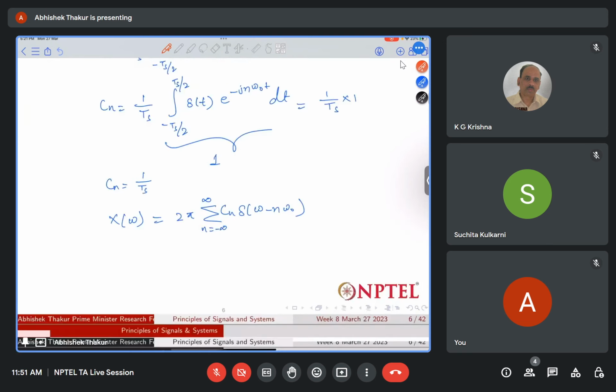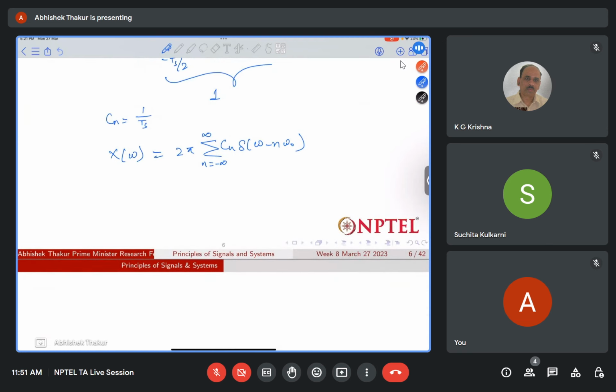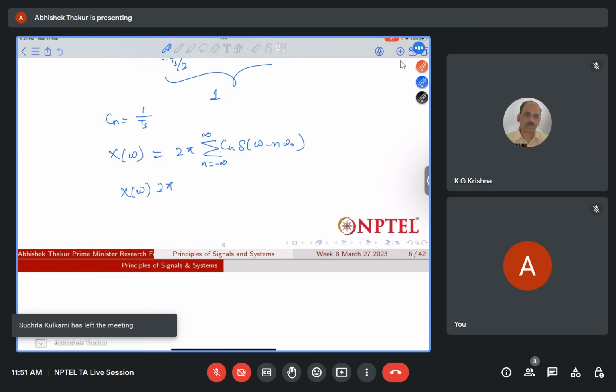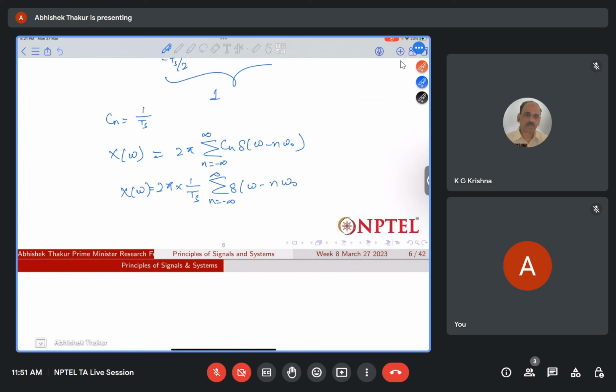We have used this here, and we will get X(omega) is equal to 2 pi times Cn, which is 1 by Ts, summation of n is equal to minus infinity to infinity of del(omega minus n omega naught). And we also know that 2 pi by Ts is omega naught. So we can write this as omega naught times the summation of del(omega minus n omega naught). So this is one of the questions.